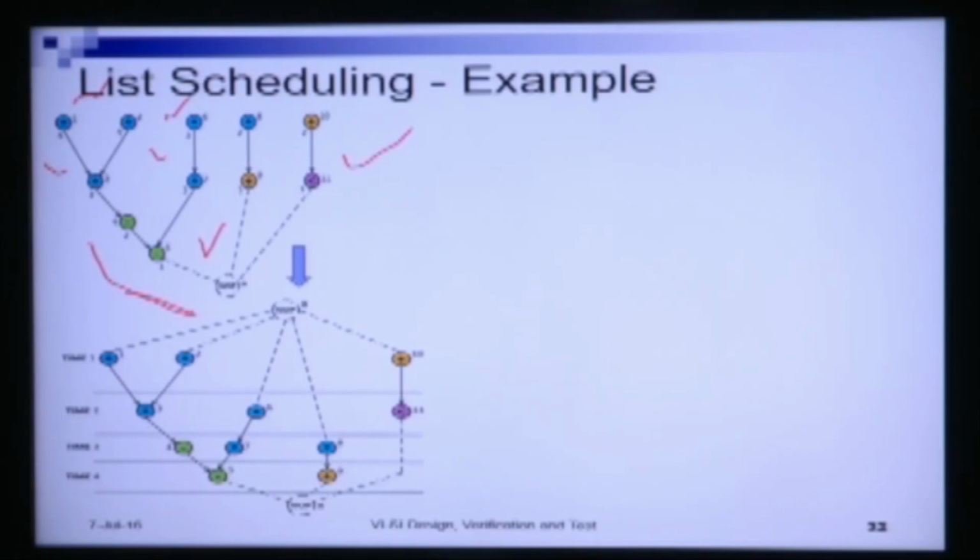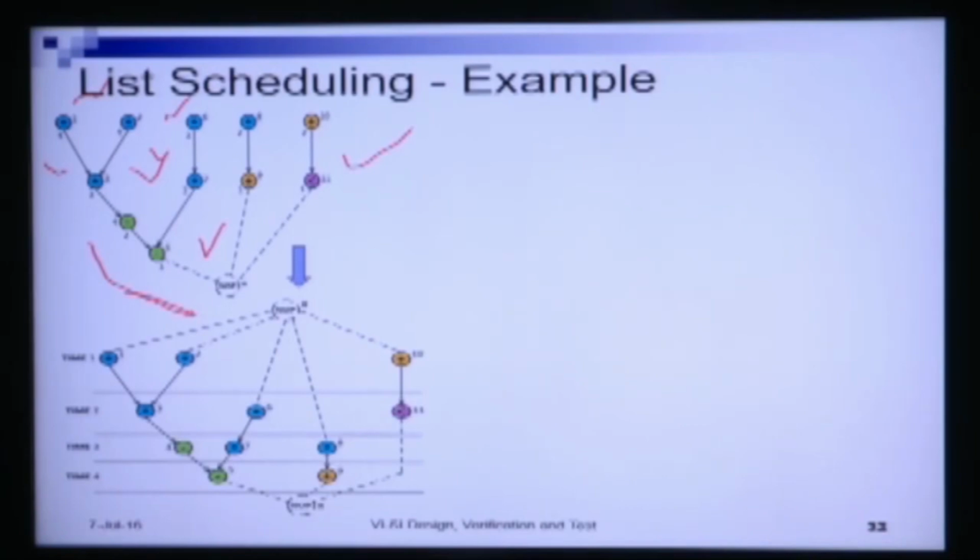The weight of 3, and because each of these nodes has unit delay, the length of the path also gives me the weight of the path, and that also gives me the priority, and hence the label or the priority of, let us say, operation 3 is 3, because that is the distance from node 3 to the sink node.